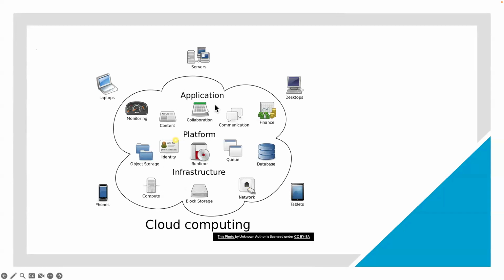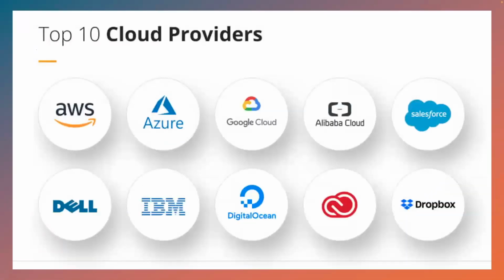Then you can use applications directly. So these are some general services provided by cloud computing. There are different cloud providers in the market: AWS, Azure, Google Cloud, and Oracle Cloud. These four are the leaders in the market, and many other cloud providers are also there.